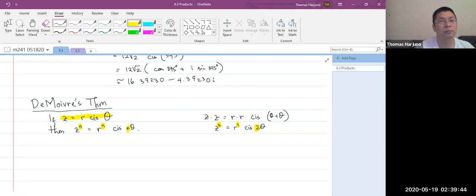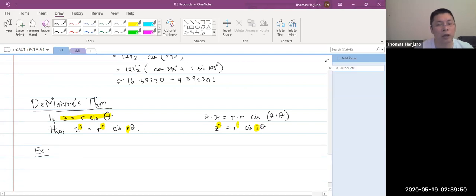Okay, now, for example, how do we use this? Suppose I have to compute 1 minus radical 3i to the power of 5.